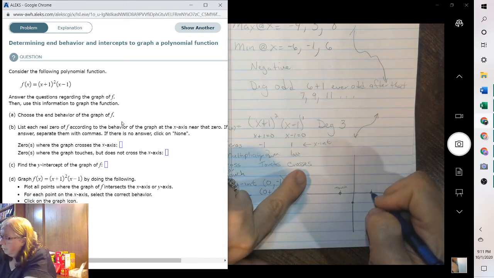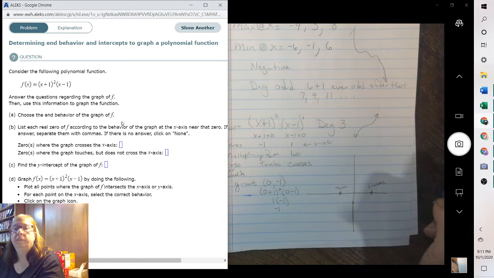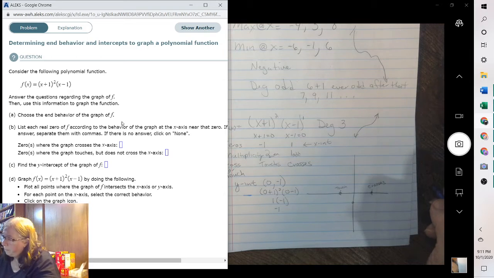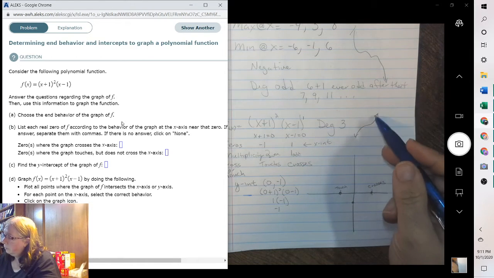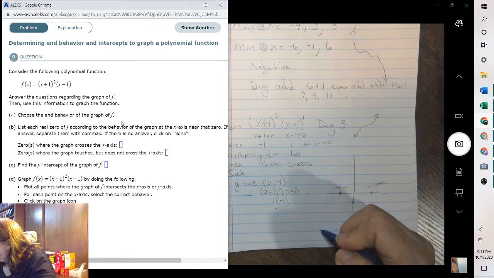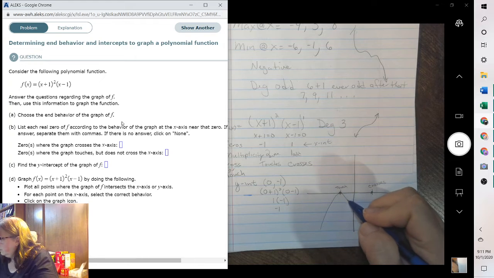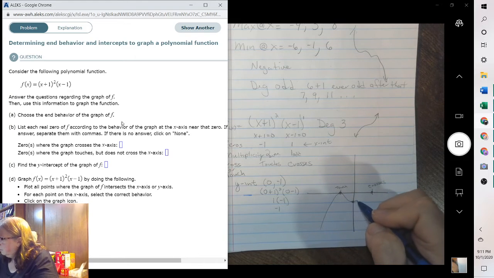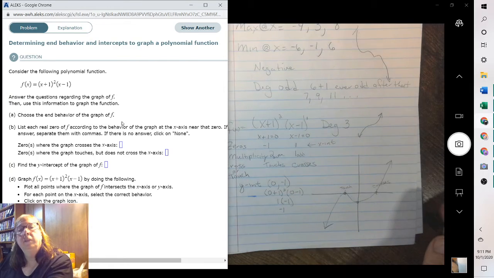This one had odd, so it crosses. We know the degree is 3, so it's going like this. So it's going up, it's touching here, going down and hitting here, and then it's crossing. And there's our graph.